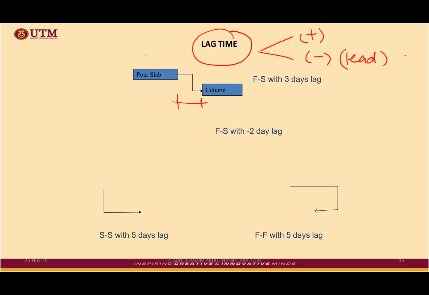If we draw something like a bar chart, say this indicates day number 1, and then maybe the post slab will take around 2 days, another 3 days, and then the column will take how many days? Okay, 4 days, for instance. You notice here indicates a waiting period. Why? We need to wait for the slab to dry up. This is what we call the curing process.